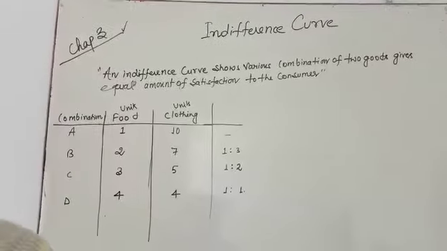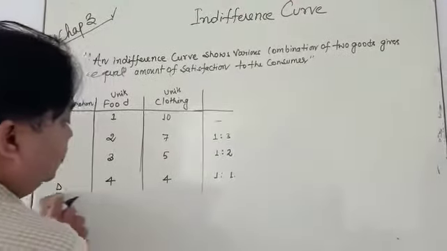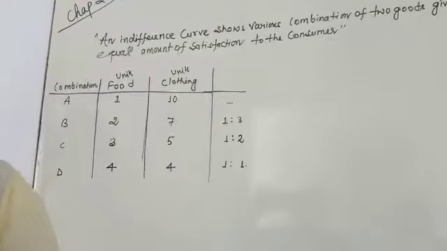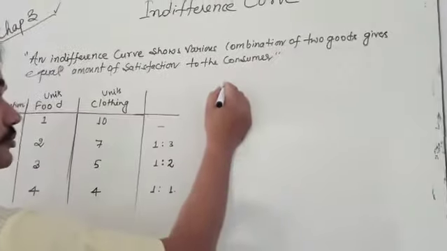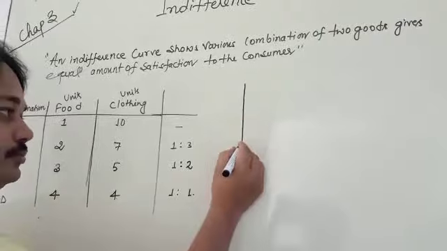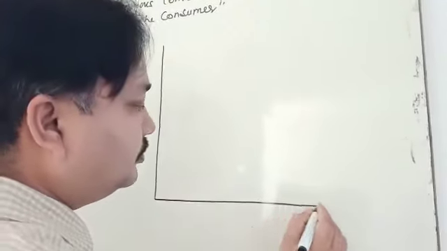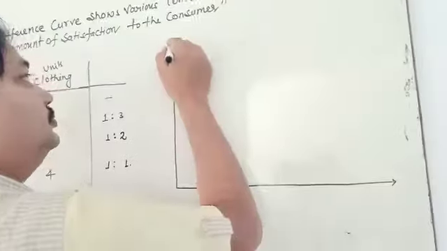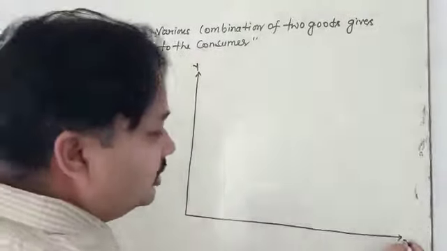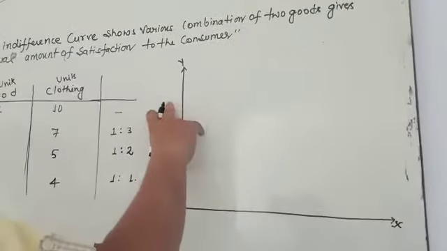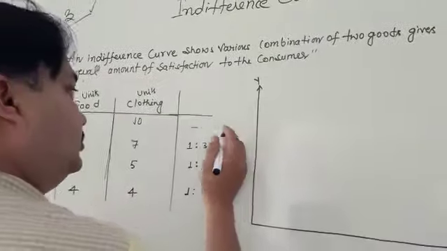With the help of this combination, I am going to draw one graph so you can understand. This graph consists of a y-axis and an x-axis. On this axis, I am going to take units of clothes.